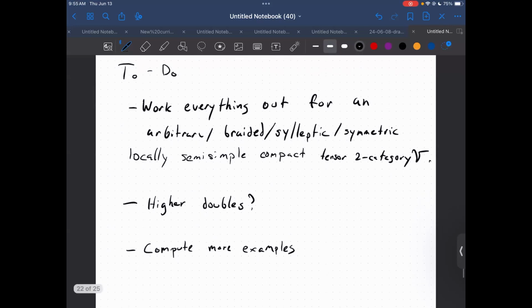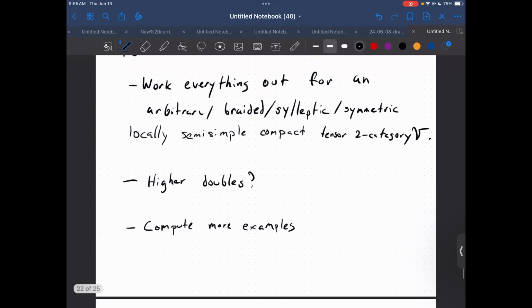And then the last thing is, as I mentioned at the beginning of the talk, there was a way to recover a groupoid as the symmetric monoidal automorphisms of the identity functor. Right now, all I can do is recover the Hopf algebra. So this is analogous to one level down, right?